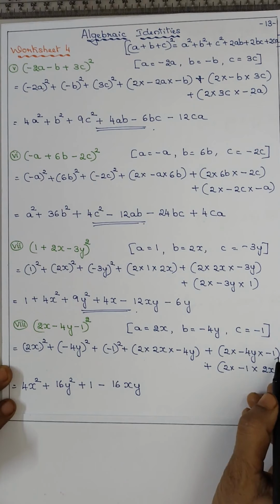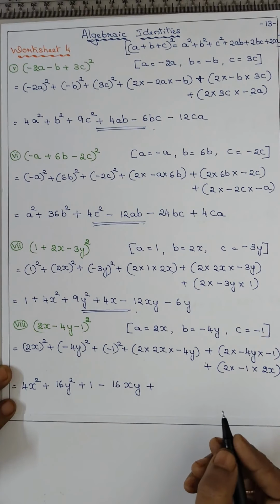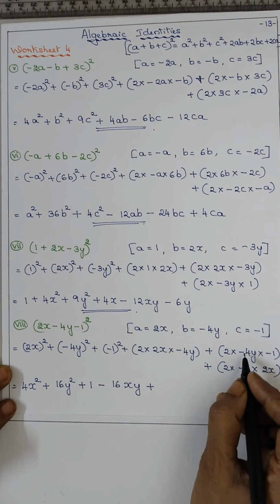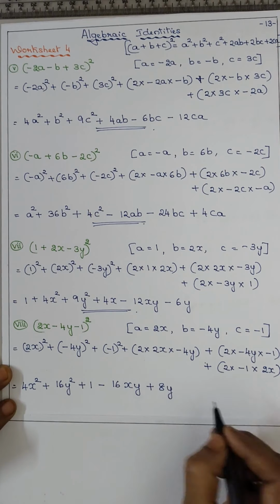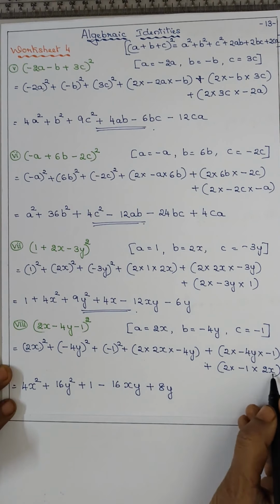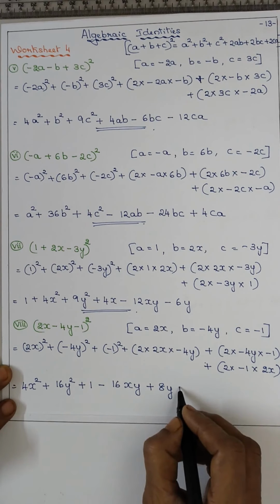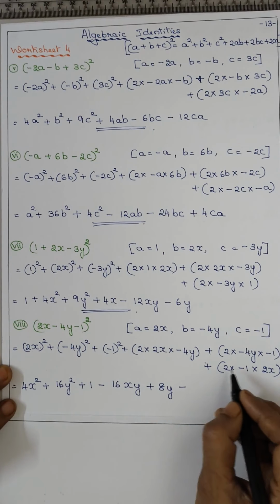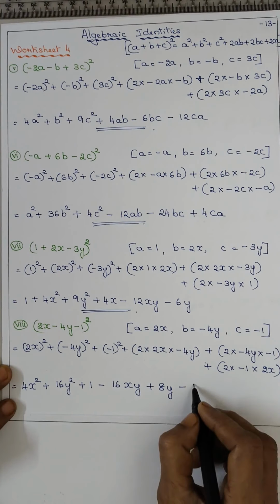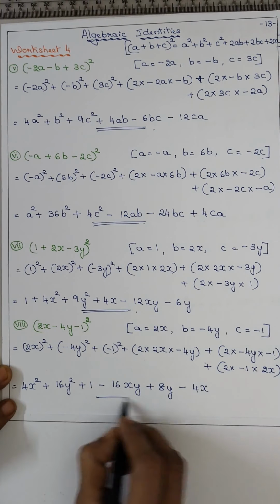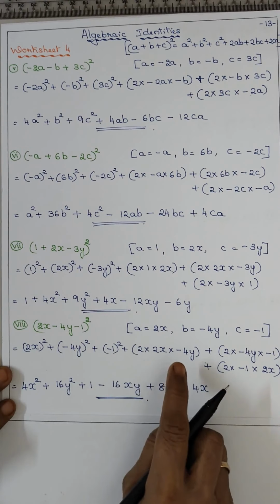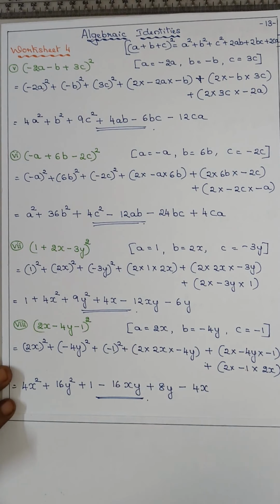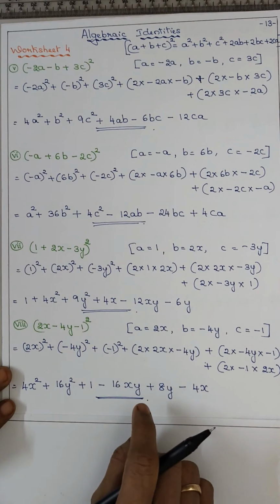2 negatives within the bracket, so it will be plus 2 4s are 8, 1s are 8y. Now 1 negative within the bracket, so minus 2 1s are 2, 2 2s are 4x. साइंस पहले अंदर का सोच के फिर डालने का है, पहले ही प्लस डाल के रखने का नहीं.